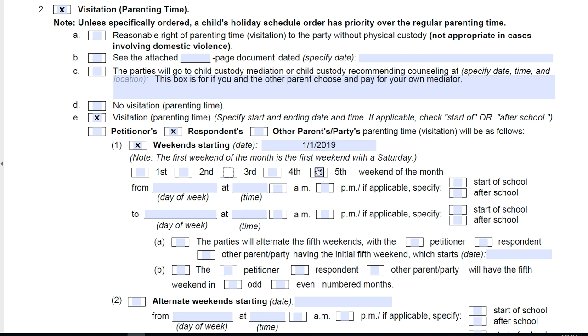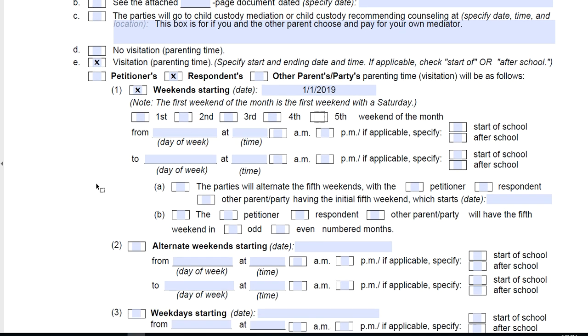That's what those boxes are for, you to choose if it's going to happen the first weekend, second, third, or a combination thereof. Okay, that becomes important because down here under number 2 you have alternate weekends.